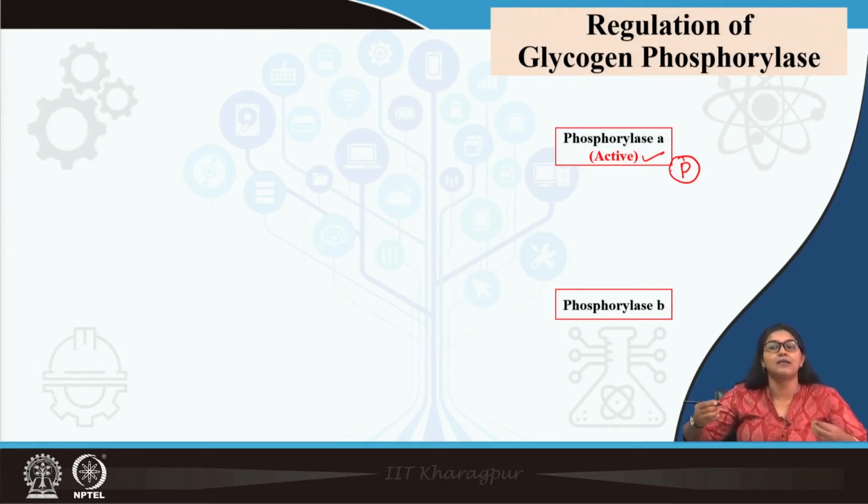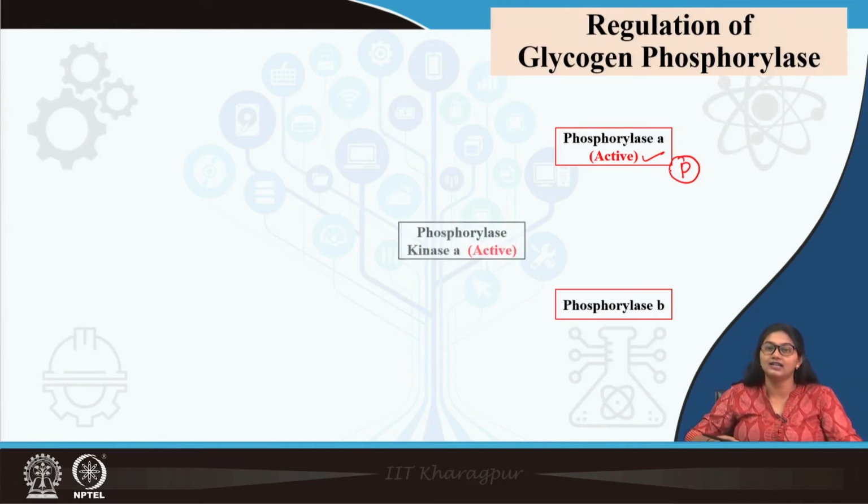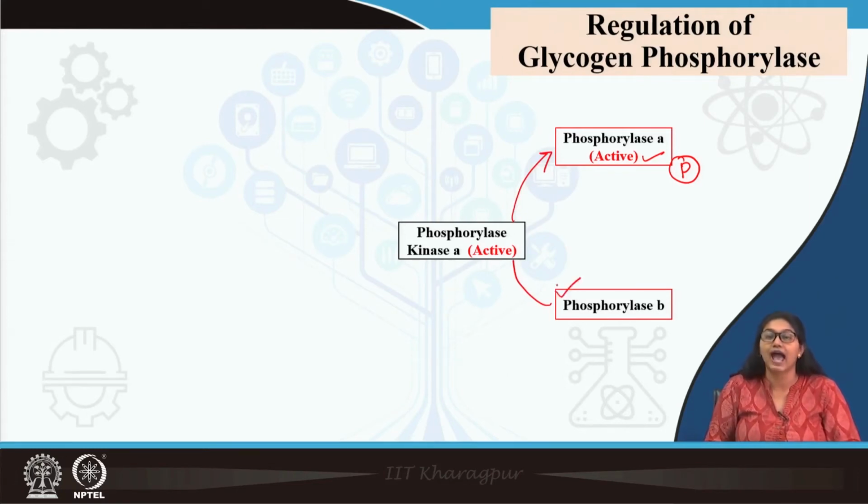So, the enzyme is some kinase. That kinase is phosphorylase kinase. Phosphorylase kinase A phosphorylates phosphorylase B to form the active phosphorylase. These terms are quite jargon, but remember that phosphorylase A is the active form and that activation is done by phosphorylation with the help of a kinase.